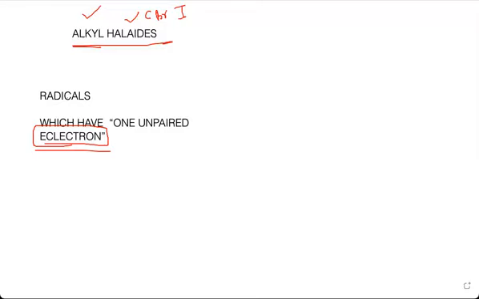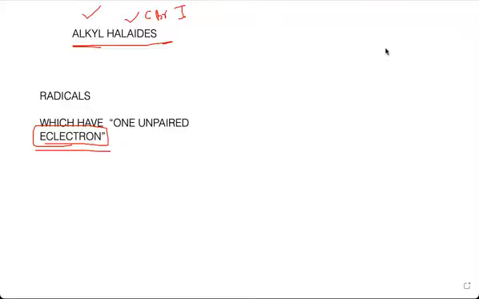Okay, so what is a free radical? Simple. A free radical is any species which has one unpaired electron. Keep in your mind, it could be an atom, a molecule, or a compound, because most students say, miss, free radicals are atoms only.